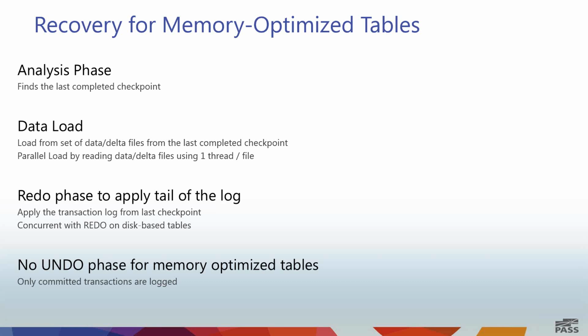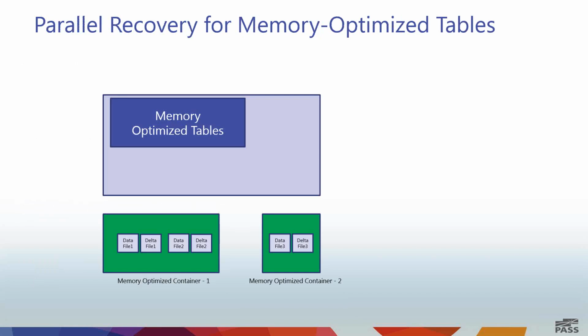Let's go to the next slide. Parallel recovery for memory optimized tables. This diagram sketches what happens when you load in parallel. What we do first is we take all the delta files, load them in memory and construct delta maps.